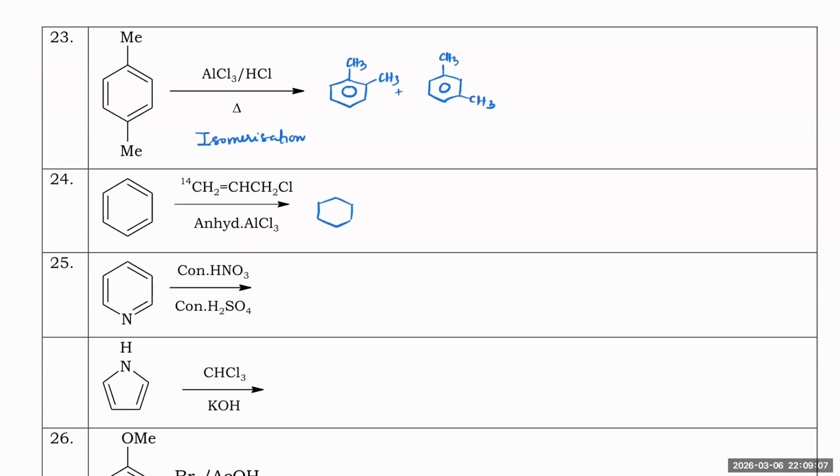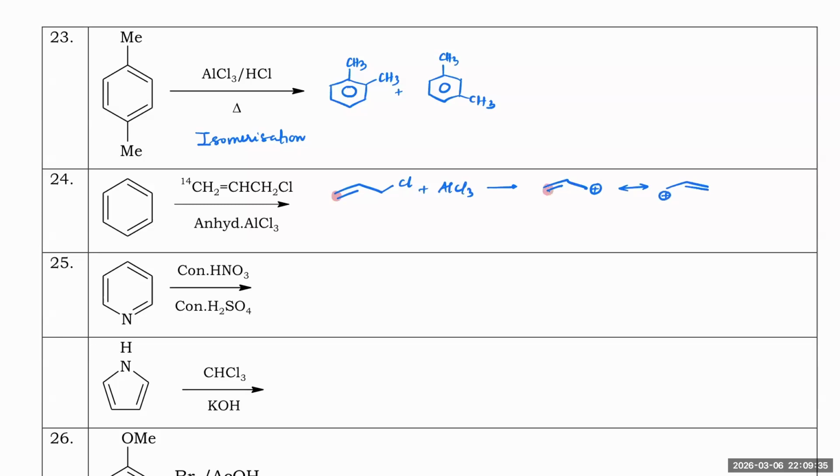Here, first you can notice that there is a carbocation forming because it is at allyl position. So when you have it at allyl position and react with AlCl3, that chlorine will go away and carbocation will form like this. The carbocation can show the resonance stabilization like this with plus charge. Okay. And now you can see this is the isotopic carbon.